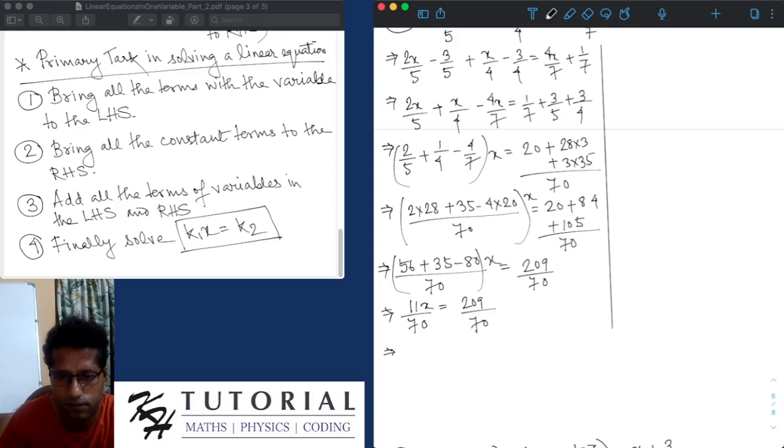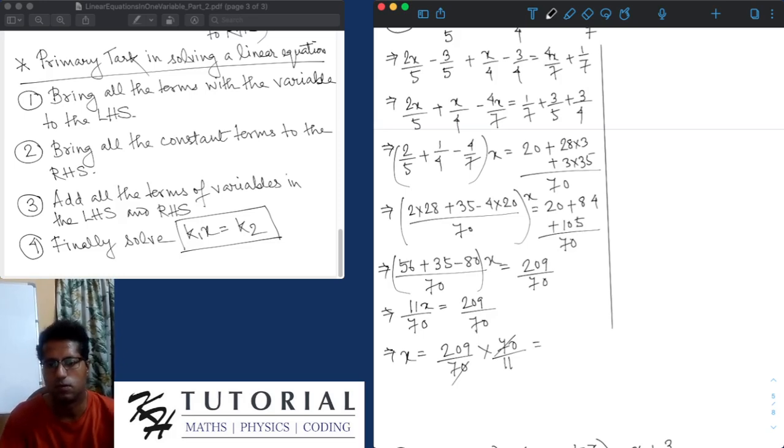This implies x equals 209 by 70 divided by 11 by 70, which means multiplied by 70 by 11. Now 70 cancels out. Now does 11 divide 209? Yes, 19. So x is 19. It was a little long computation with integers and a little lengthy, but anyway you have to do this.